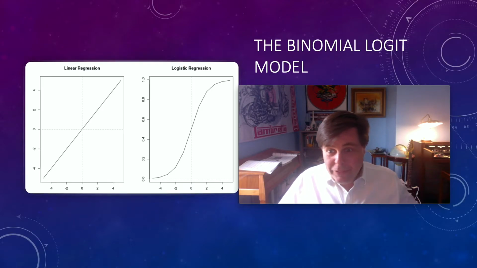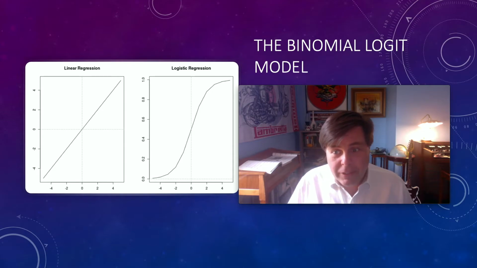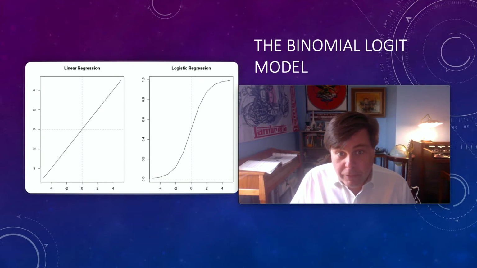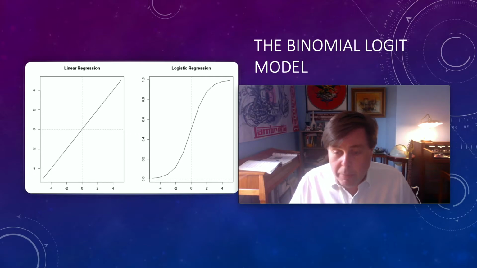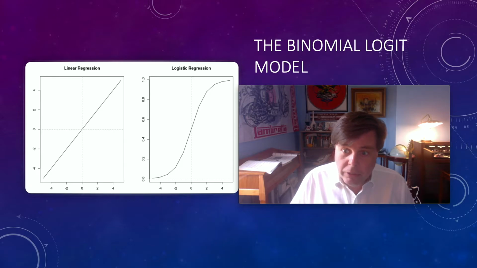Over here we see the difference between the linear regression on the left, which we're comfortable with and have talked about through several of these videos, and what we're discussing here, logistic regression. You'll notice that the logistic regression is bounded by 0 and 1.